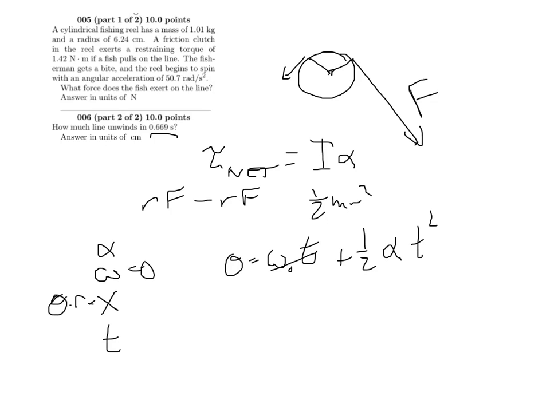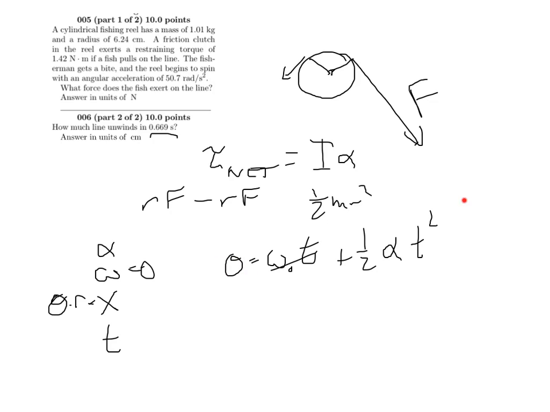So you can either use your actual alpha and solve for omega, and then multiply by r to get x, or you can multiply your alpha by r to get your actual acceleration, and then just solve for an x over here.